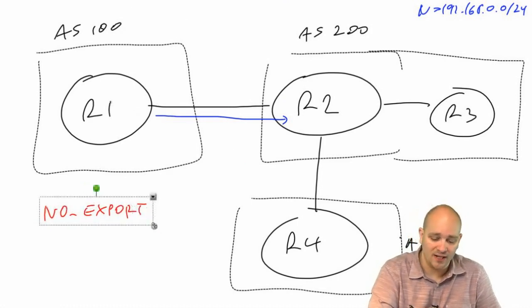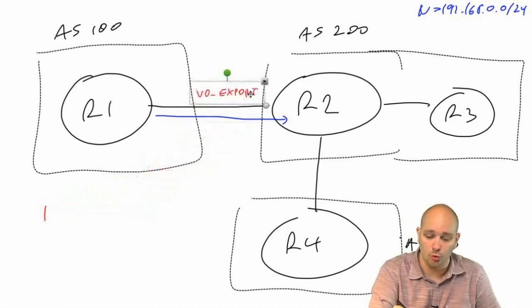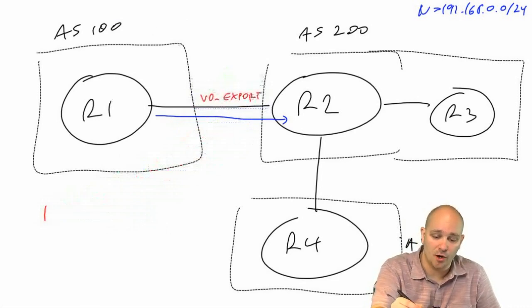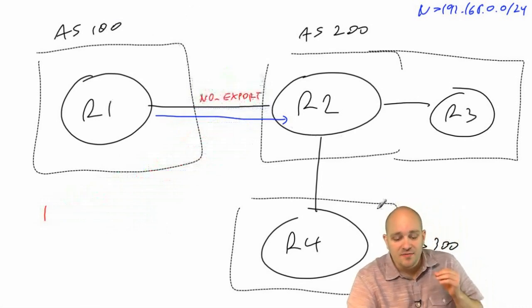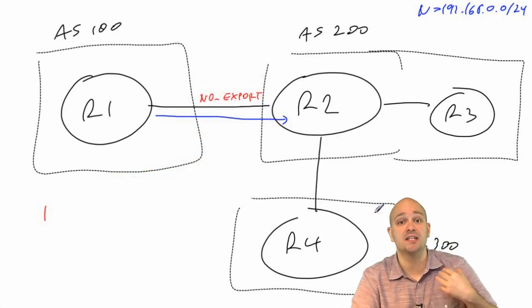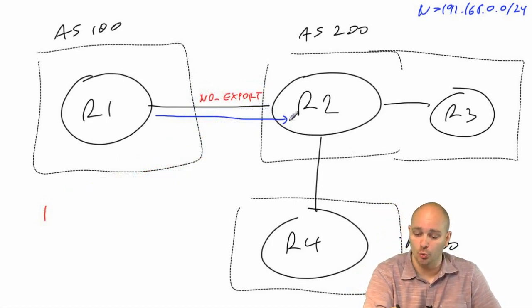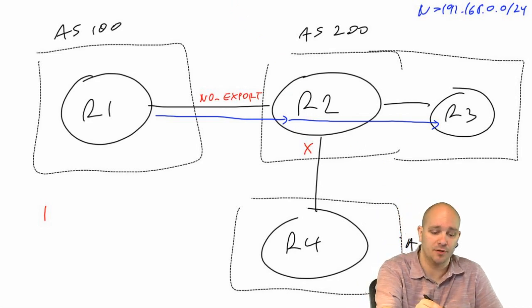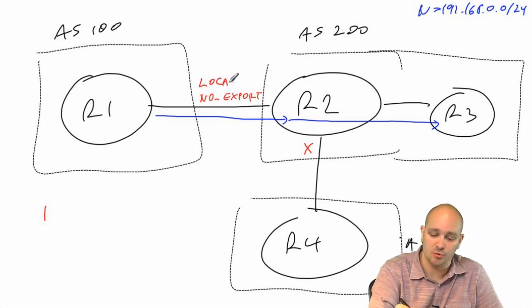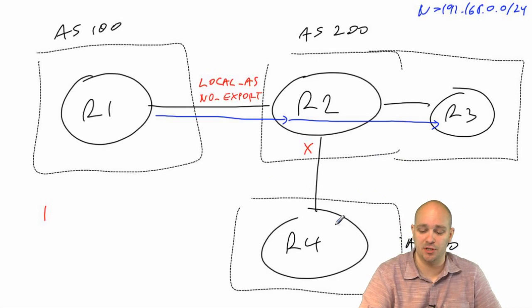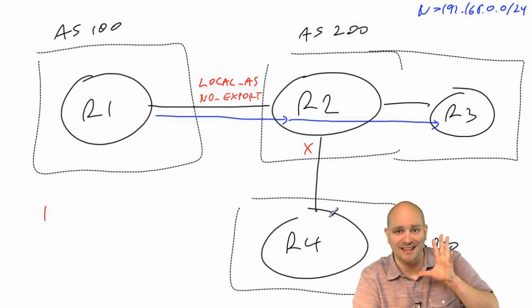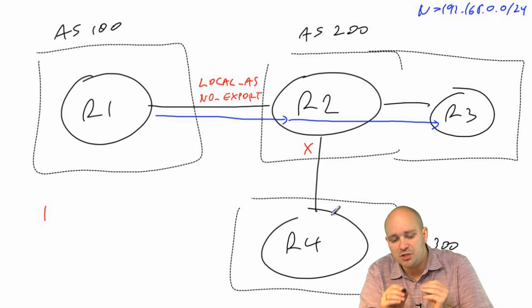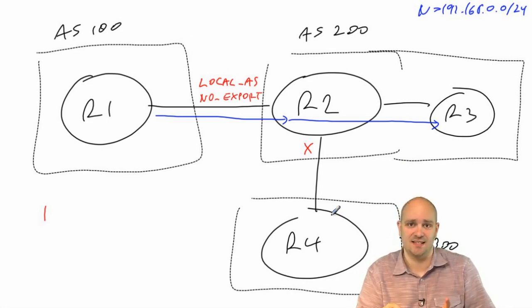So if it had the no export community, what this would do, it would instruct this router not to advertise this prefix to any external peers, which means that R2 will advertise this to R3, but it will not actually advertise it to R4. The third community, in this scenario here, I'm going to call it by Cisco's name, local AS. In this particular scenario, it would work in the exact same fashion. So there is no difference in behavior in this scenario.